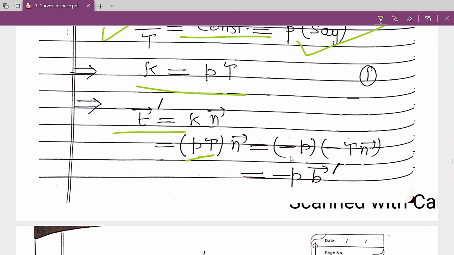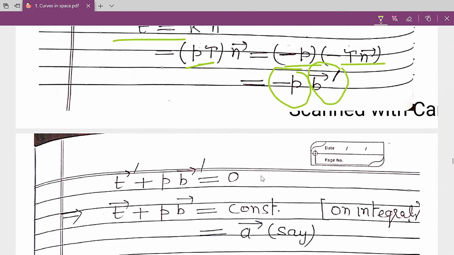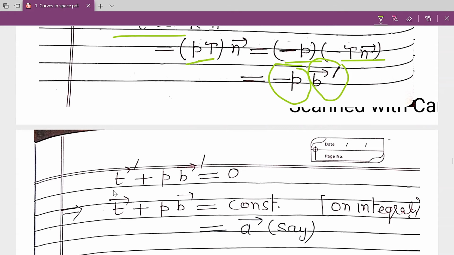So this can be written as minus p times minus tau n vector, and this is b dash by the Frenet formula. Clear? So this can be written in this form: t dash plus p b dash equals 0.